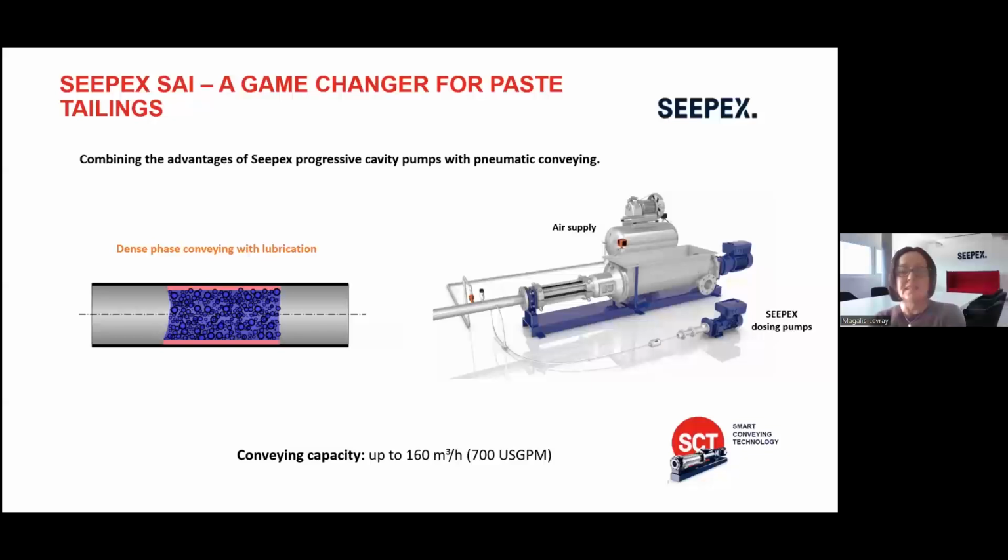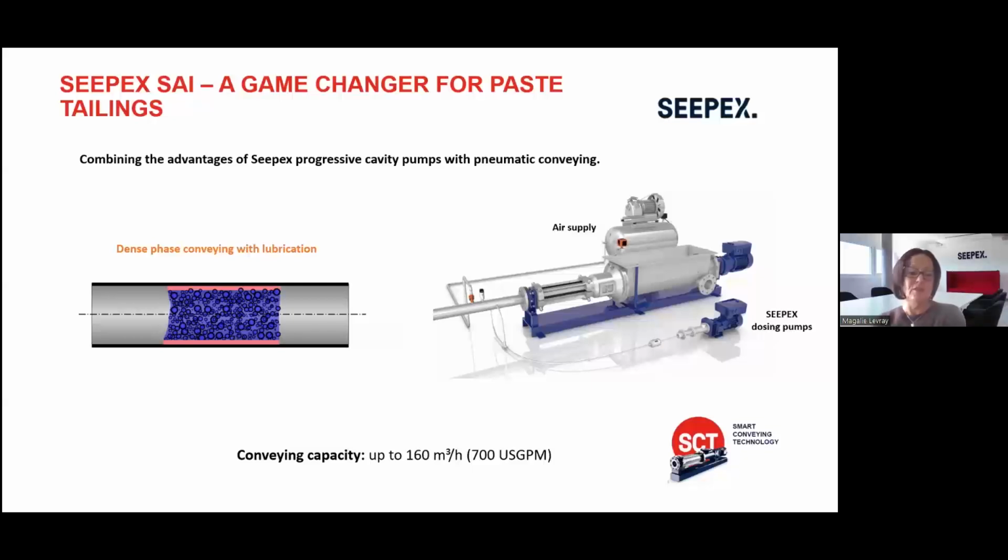Indeed, we are here looking at paste tailings, which normally means a high pressure pump, and because we are using Smart Air Injection, you can see that we have the smart conveying technology logo on this slide, which means that we can actually transfer paste tailings with a low pressure pump.